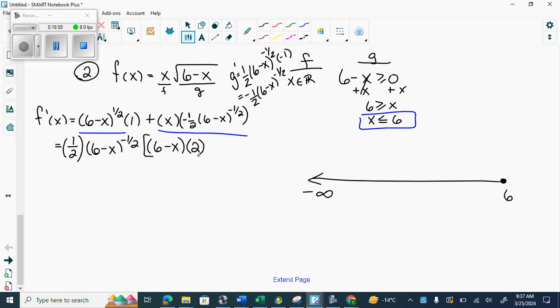And then the negative is still here, the half is gone, so I get plus negative x. And then I'm left with 1/2, which means 2 goes in the denominator, 6 minus x to the half down here. And then I get 12 minus 2x. So I don't really need the 1.